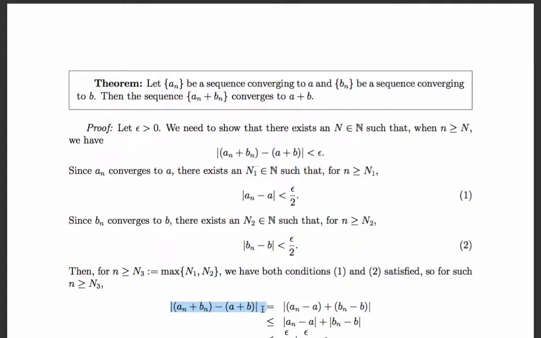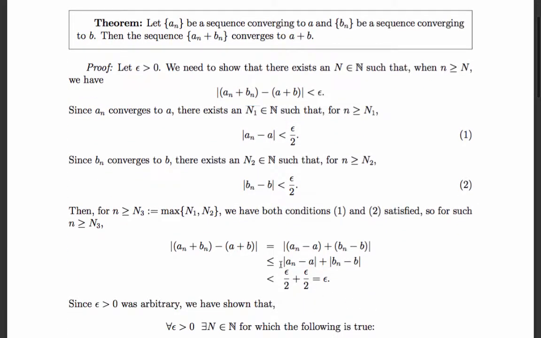So the difference a_n plus b_n minus a plus b, by triangle, actually by first rearrangement, right? Because of the associativity and commutativity of addition, we can rearrange to a_n minus a plus b_n minus b. The triangle inequality says we can split that and add, less than or equal to the absolute value of a_n minus a plus the absolute value of b_n minus b.